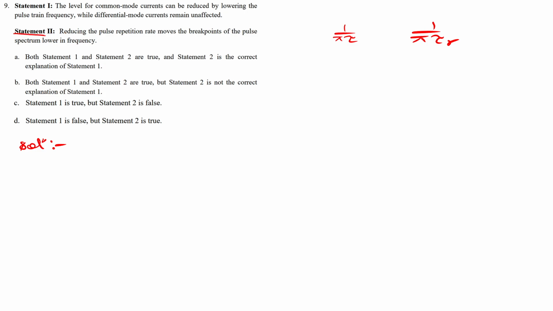So statement 2 is correct. Reducing the pulse repetition rate moves the breakpoints of the pulse spectrum lower in frequency. So I will note it down here.